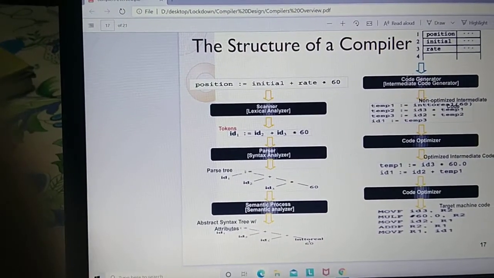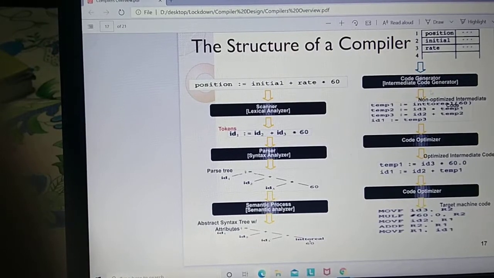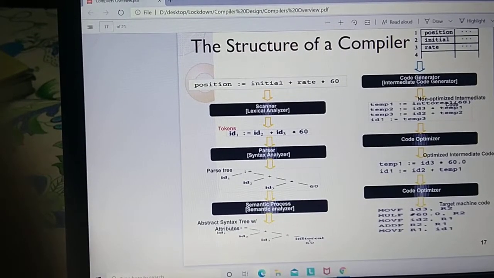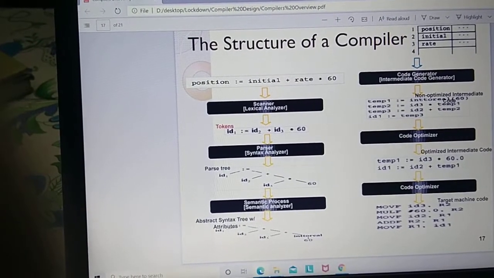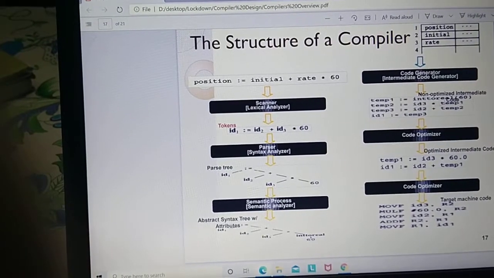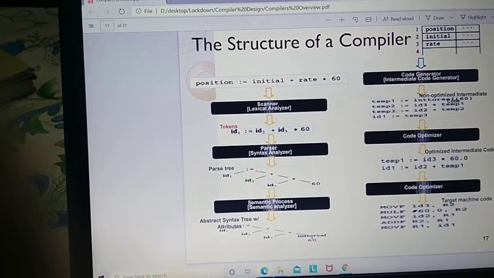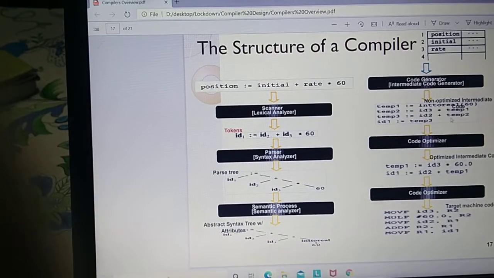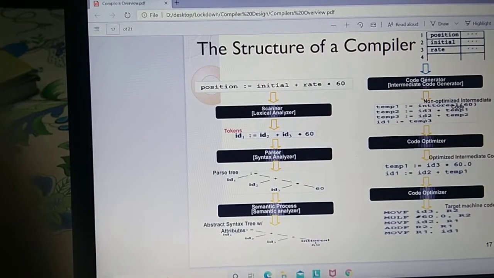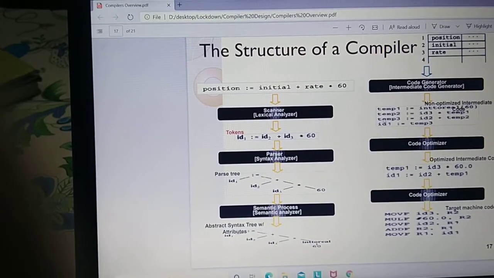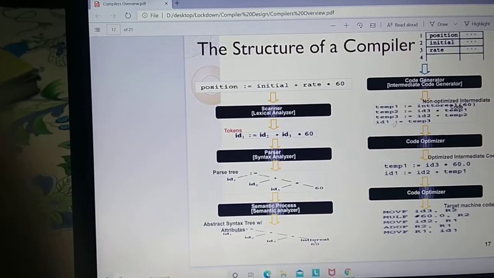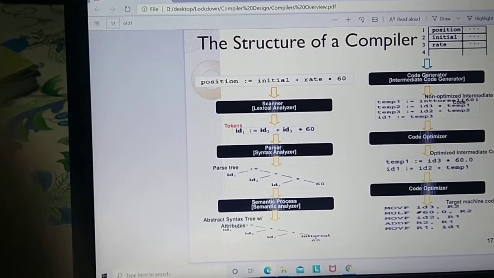After that, in the intermediate code generation phase, intermediate code is generated. Here the number is assigned to temp1, then temp1 is multiplied with identifier 3 to generate temp2. Then temp2 is added with identifier 2 and assigned the value to temp3. Then temp3 is assigned to identifier 1, which is the final result.